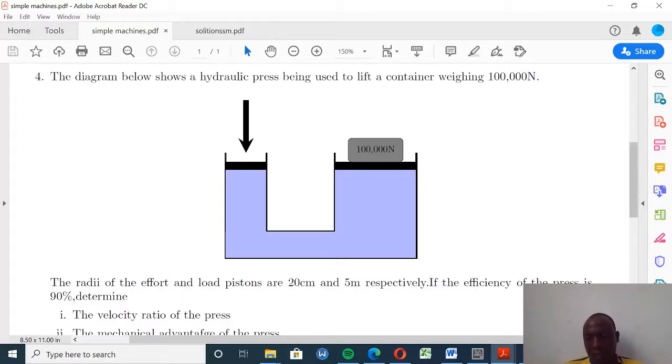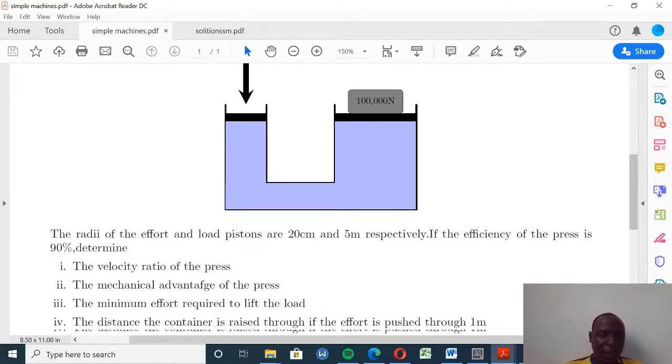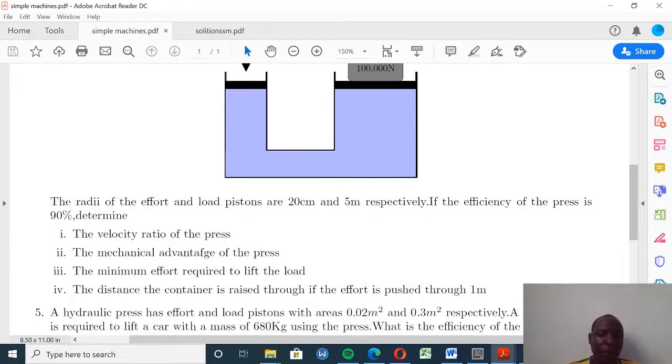If the efficiency of the press is 90%, determine Roman numeral 1, the velocity ratio of the press, Roman numeral 2, the mechanical advantage of the press, Roman numeral 3, the minimum effort required to lift the load, and Roman numeral 4, the distance the container is raised through if the effort is pushed through 1 meter. That is our question.